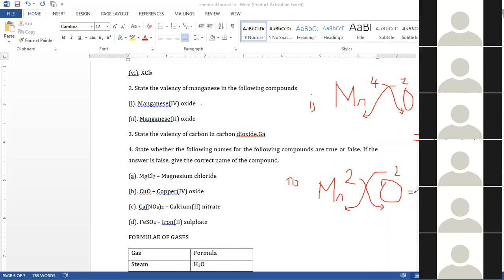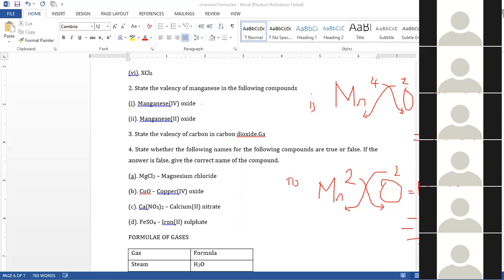This gives us manganese 2 oxide. Now we have a challenge. Again, the 2's are the same and they are common. What do we do about them? We cancel them. So we divide through by 2 everywhere. That gives us manganese oxide as MnO.